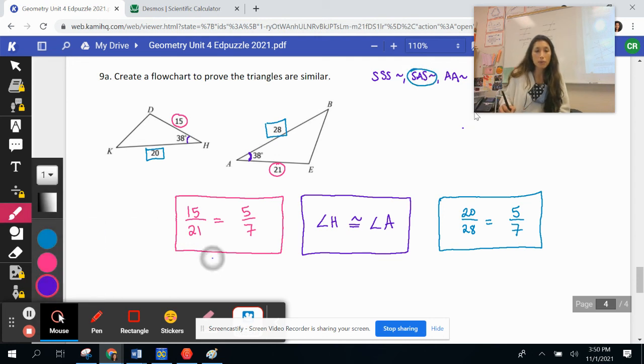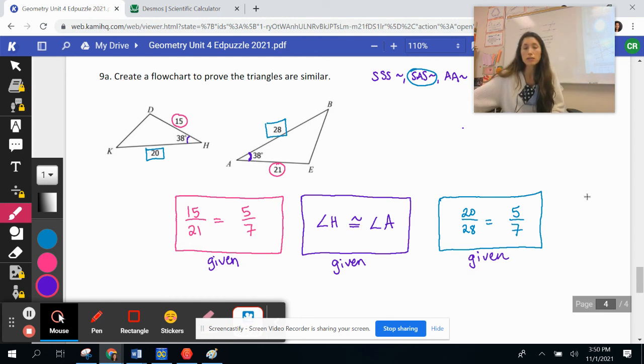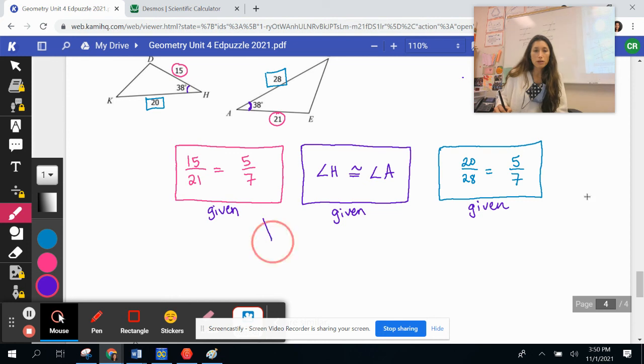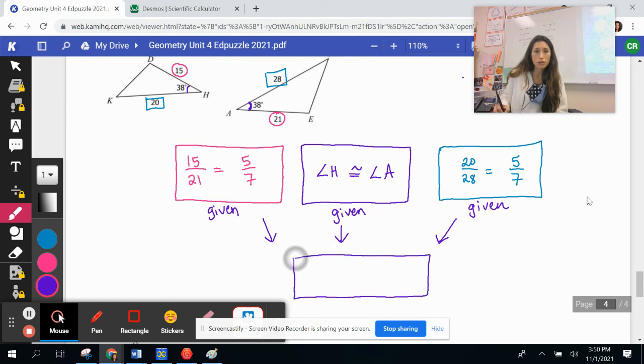And again, we would want to say, well, these are given information on the diagram. These angles were given. We didn't need to do any work to figure out these side lengths. We did have to do some work to simplify and divide to make sure they were the same. So now we can put these three things together, and these three pieces of evidence prove that our triangles are similar. So I'd start out, let's do triangle DHK, and let's say that's similar to triangle. So if you start with D, that's going to match up to angle E right here.